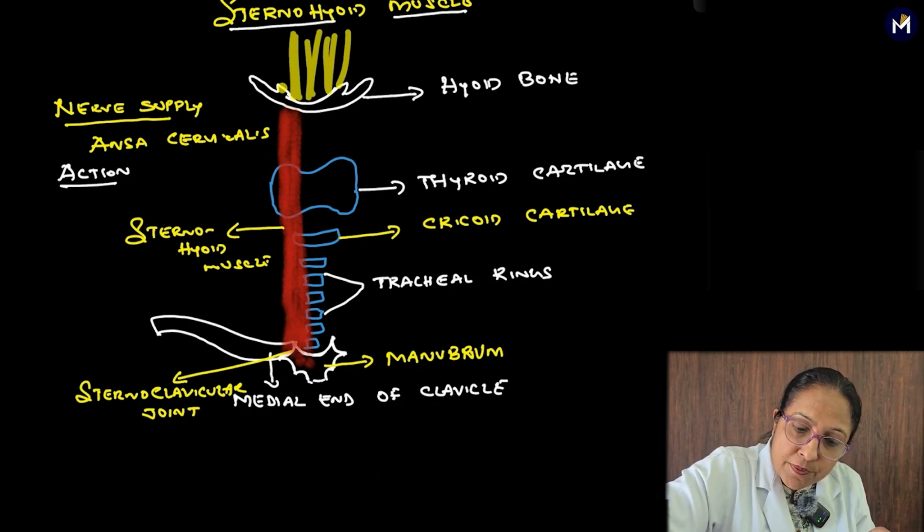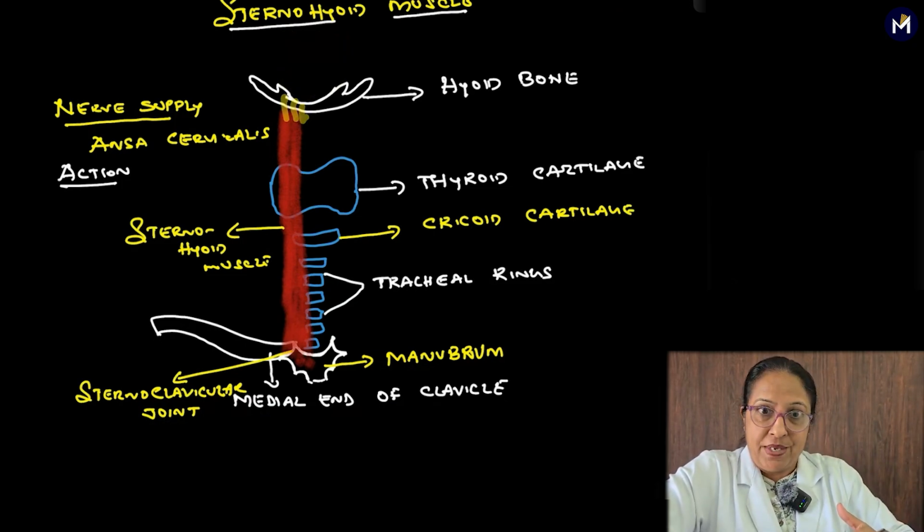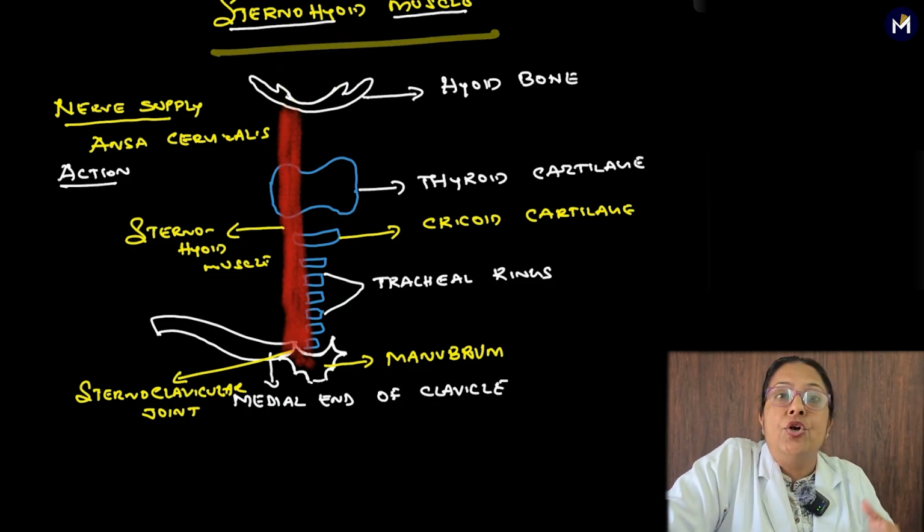What does this mean? The hyoid bone will be elevated because of the contraction of suprahyoid muscles during swallowing. Once swallowing is done, the hyoid bone is reset in position because of sternohyoid.